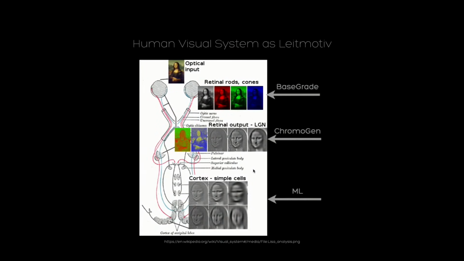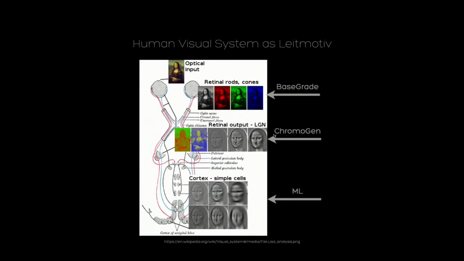So for the tool, which I'm going to show you in a moment, called ChromoGen, we stick to the leitmotif which we already use with other grading tools we have in Baselight, which is the human visual system. We're not saying that we are mimicking exactly the human visual system. That would be crazy to say because it's so complex, but we use it as a leitmotif.